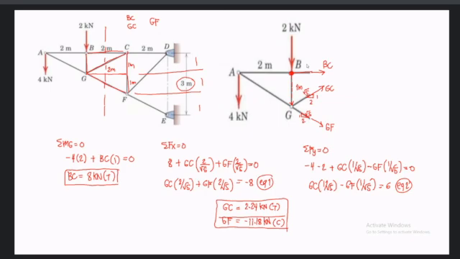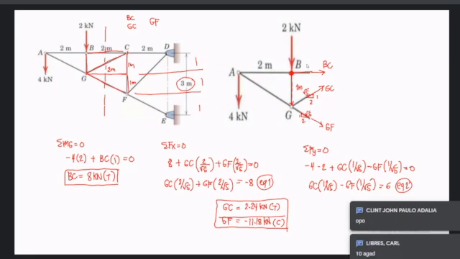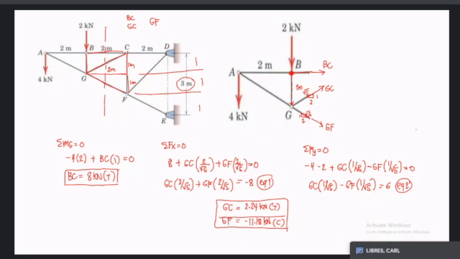Sir. So, try nyo mag-evaluate. May plus points? I just don't know. Yes? Sir, yung exam po ba namin same lang sa ibang batch po? Hindi ko sure eh.